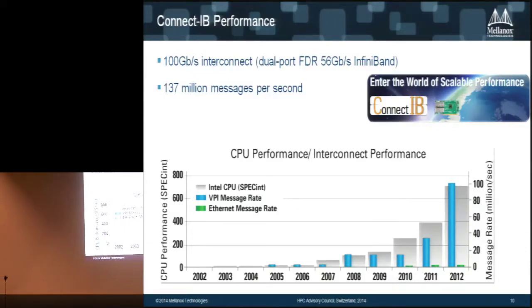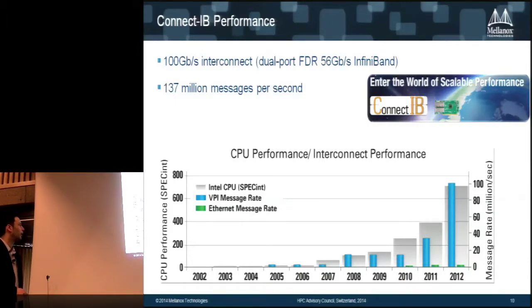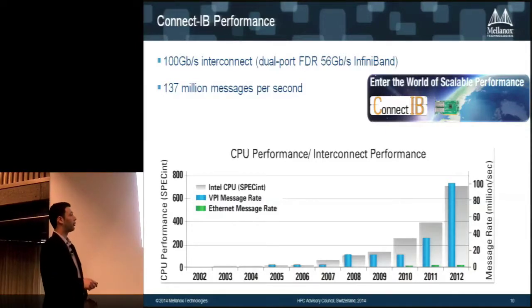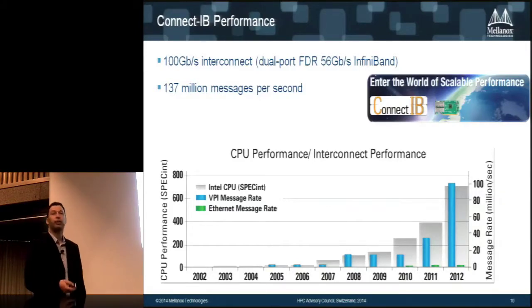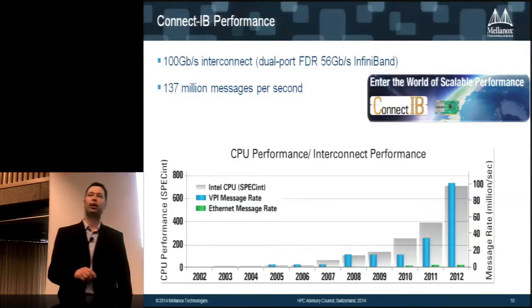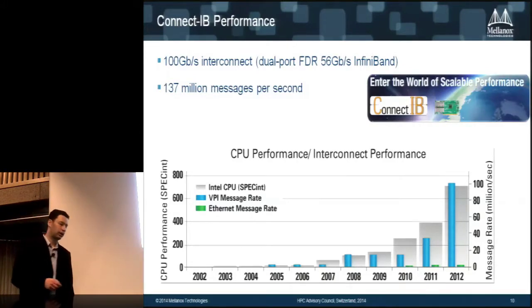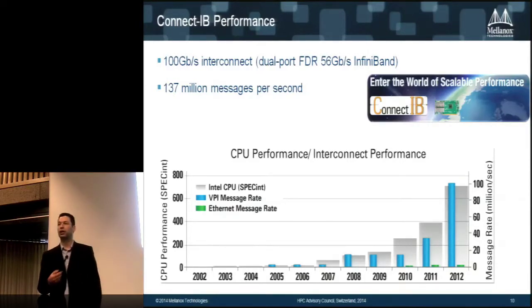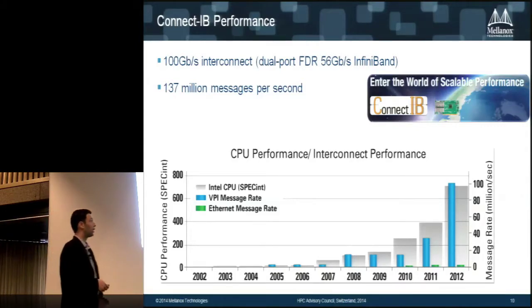But anyway, this graph shows the gray bars show the improvements in SPECint processing capabilities of the CPUs throughout the years, while the blue bars are showing actual VPI or the latest InfiniBand speeds of going up to 56, and later on we're going to double that into 100 gig and so on. So unless you scale with the interconnect and being able to pump higher message rate, then your compute becomes inefficient. And those are the things that really matter.